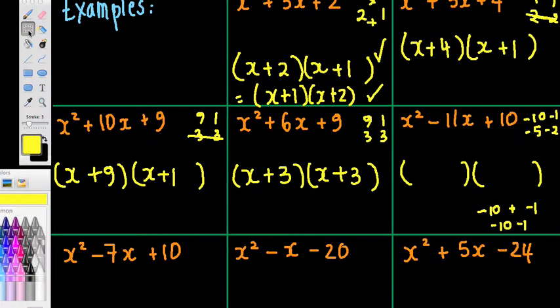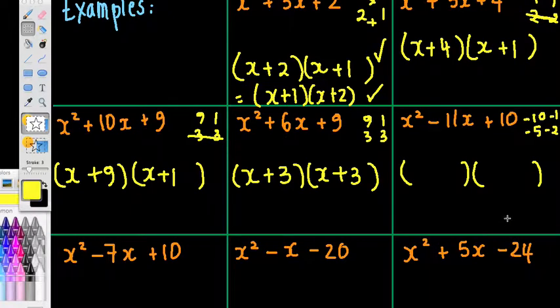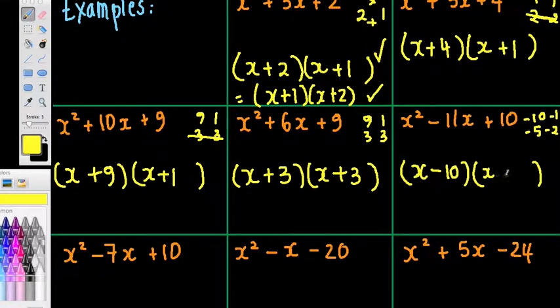So you do need to be confident with your negative numbers, adding them together. Okay, so where was I? x and x. My two numbers were negative 10 and negative 1. Two negative numbers, when you multiply them together, remember, make a positive.